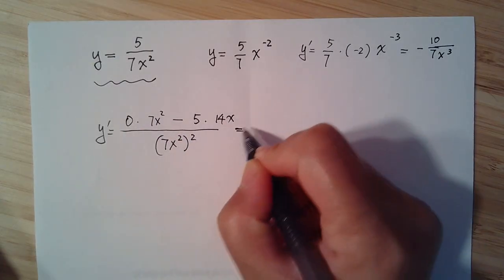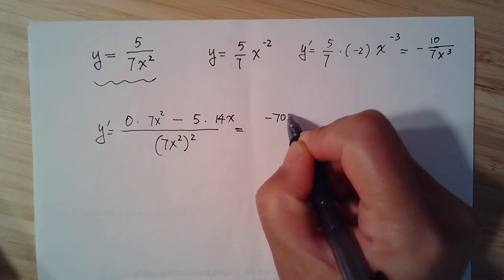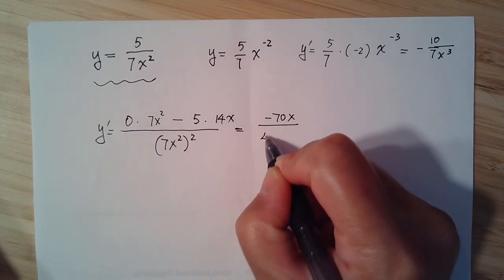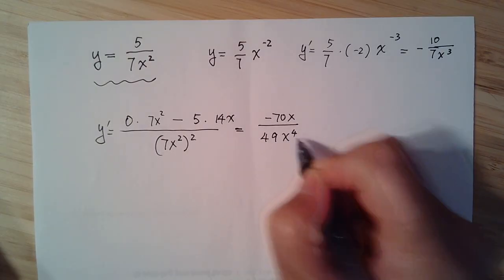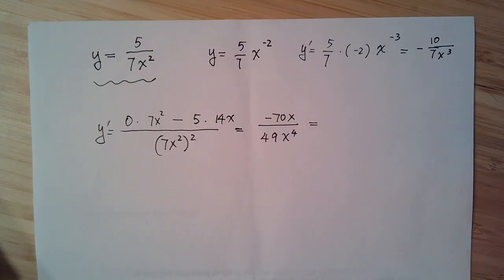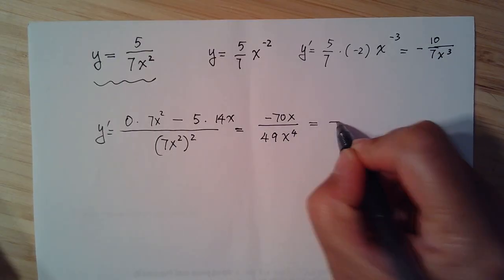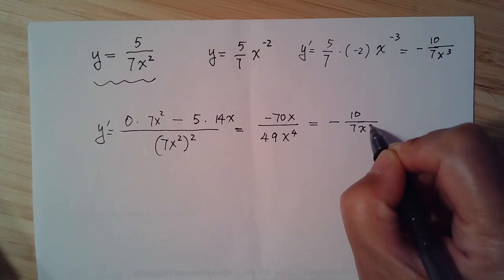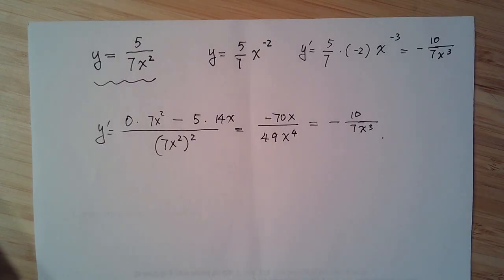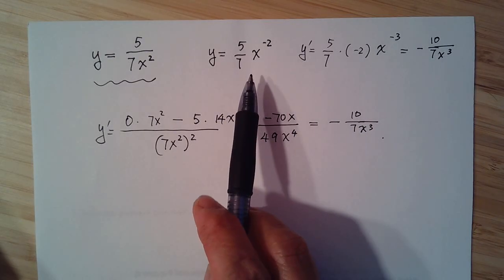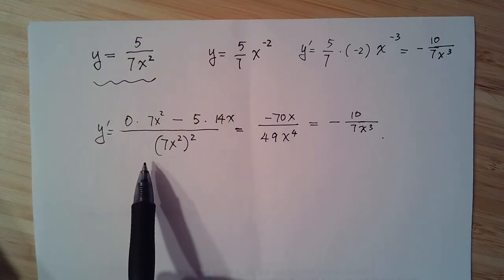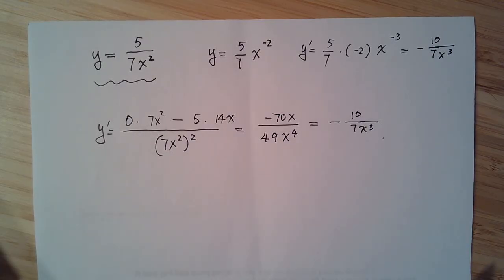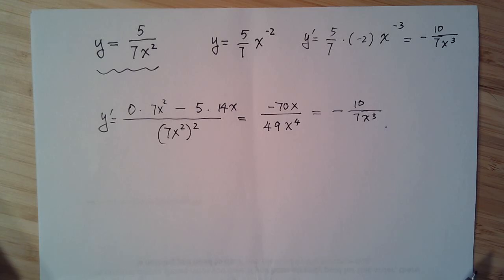And then the numerator I have negative 70x, and the denominator I have 49x to the fourth. Then simplify this, numerator and denominator both divided by 7, so I get negative 10 over 7, and the denominator I have x to the third. See, you get the same results. Did you notice that you can use the power rule, and you can use the quotient rule? You should get exactly the same answer. It just depends on how you rewrite that.